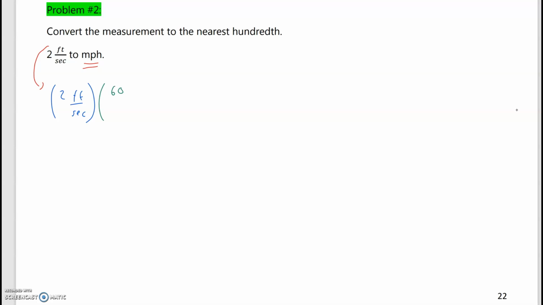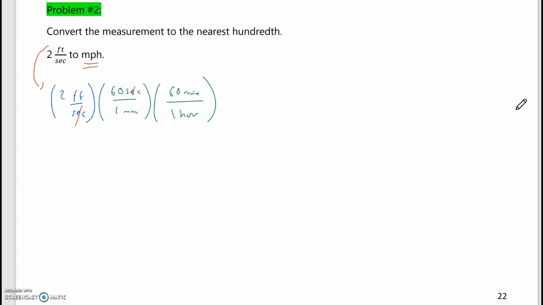So 60 seconds per 1 minute, and then 60 minutes per 1 hour. This multiplication is going to cancel the seconds to hours.